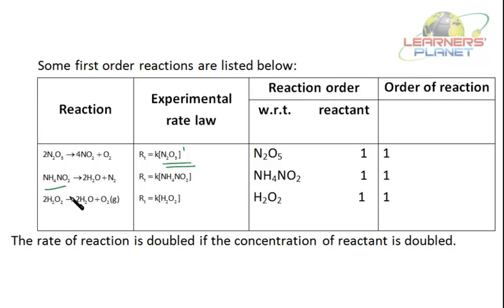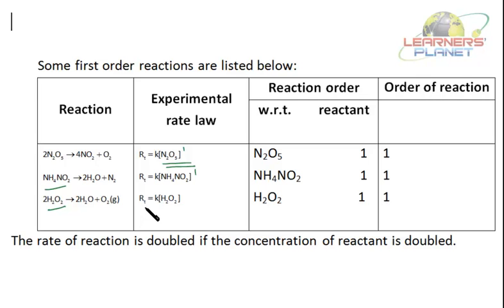Likewise, the dissociation of ammonium nitrite is also a first order reaction. The rate of reaction is proportional to the molar concentration of ammonium nitrite raised to the power 1. Likewise, decomposition of hydrogen peroxide is also a first order reaction.